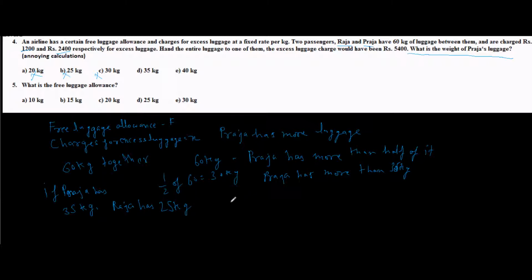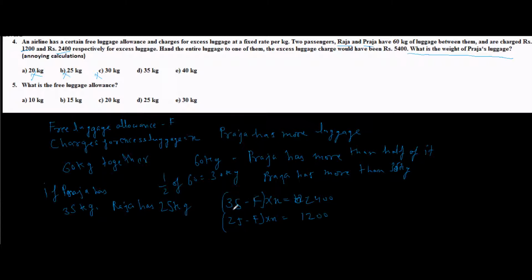So in that case, the equation we formed is: 35 minus whatever is the free luggage allowance, that is the luggage allowed for free, into x, that is the charge for excess luggage, is 2400, because for Praja it is 2400. Similarly, 25 minus f into x would give you 1200.